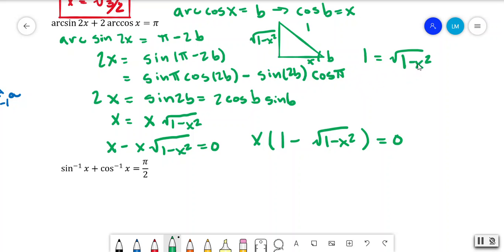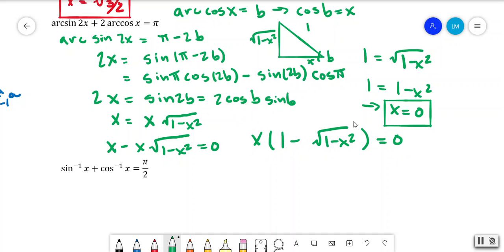But in any case, if I square both sides, I have 1 equals 1 minus x squared, which basically tells me that x equals 0. So x equals 0 for this one, and x equals 0 already.